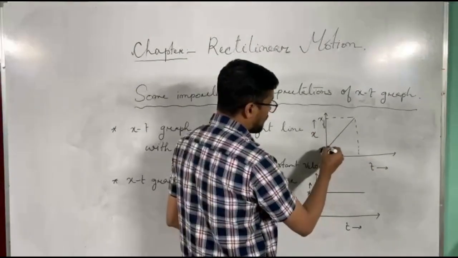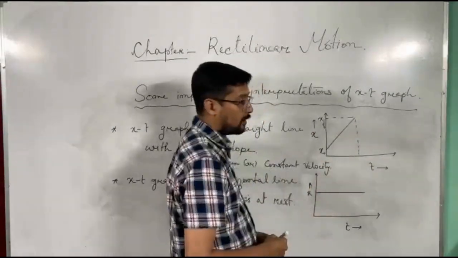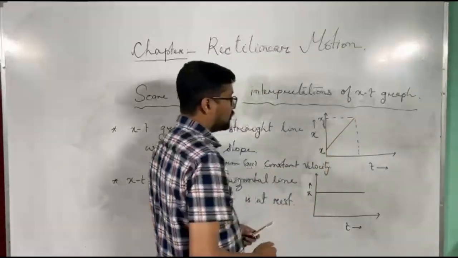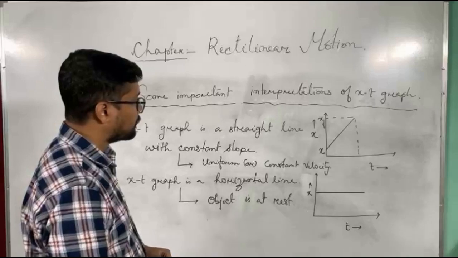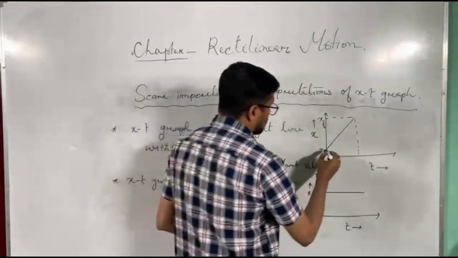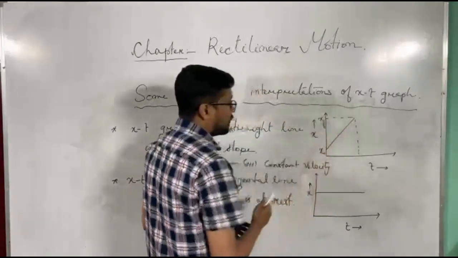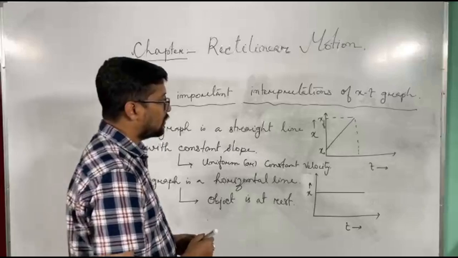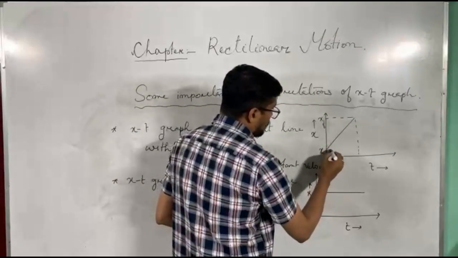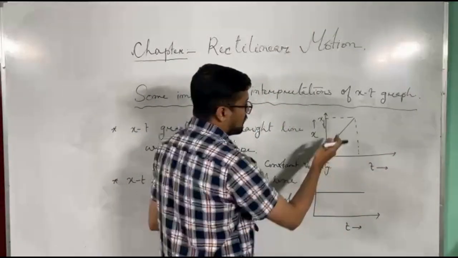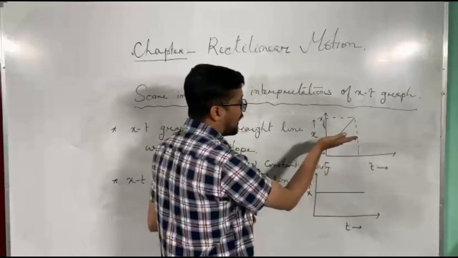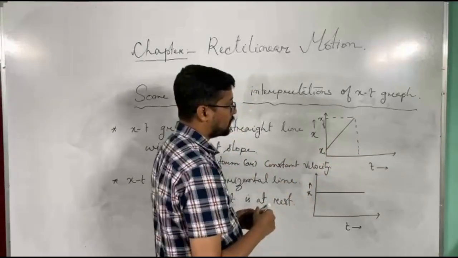In this graph, I have drawn a straight line with constant slope. Since this is a straight line, at any time instant, this straight line will have the same slope.